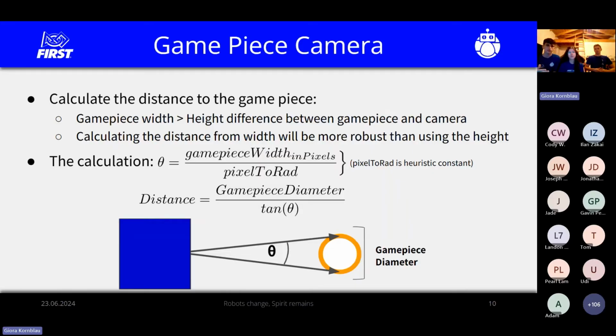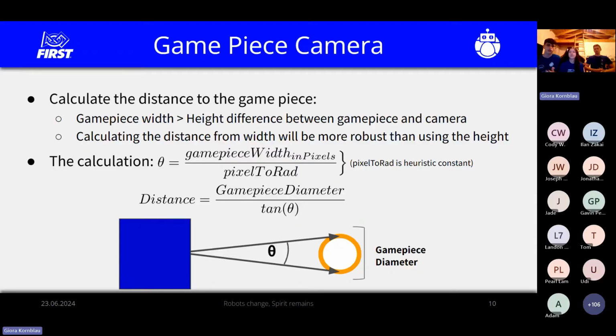So the calculation is a bit heuristic. We get the game piece width in pixels that the PhotonVision detection gave us, and we divide it by a pixels-to-rad constant, which is kind of a heuristic constant, which gets the angle that the game piece takes from the image, and we call that angle theta.